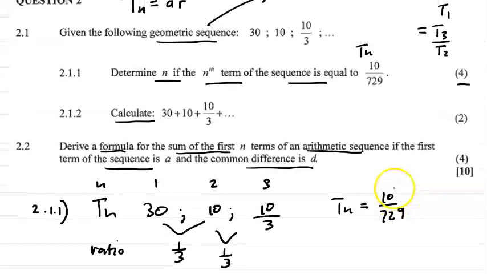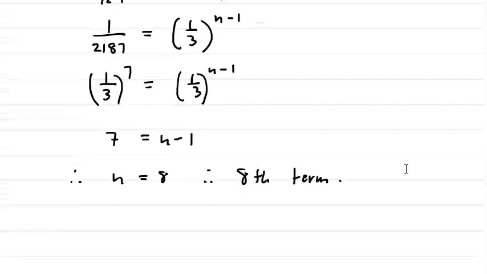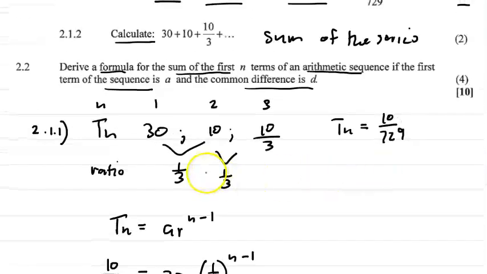Let's look at the next one. Next question says, calculate 30 plus 10 plus 10 over 3. So here they want us to find the sum of the series. Now, when we set out our sequence, you'll notice one thing, that r is 1 over 3.